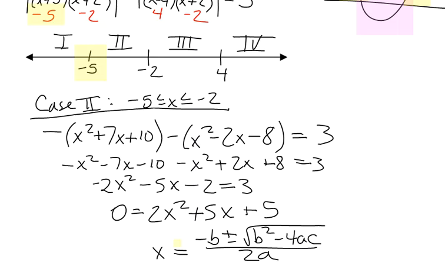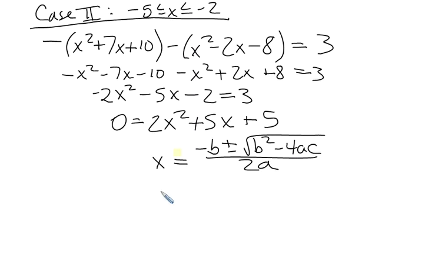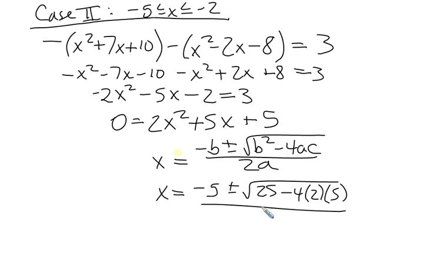Of course, such a formula will not be provided to you on a quiz or a test. This is negative 5 plus or minus the square root of 5 squared, 25, minus 4 times 2 times 5, all over 2 times 2.